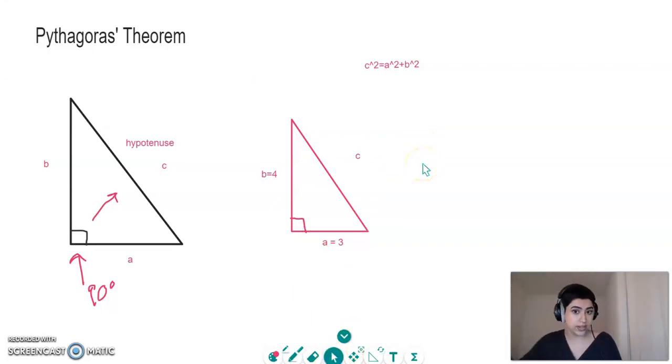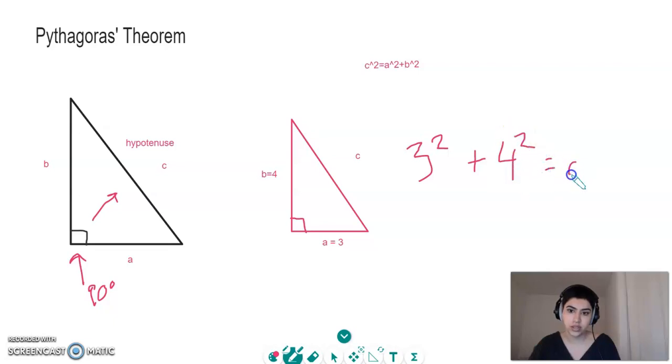So what we're going to do is plug those numbers into the formula. So A, let's use a pen. So we have A equals 3, so we have 3 squared plus 4, which is B, 4 squared equals C squared. So what do we do here now?